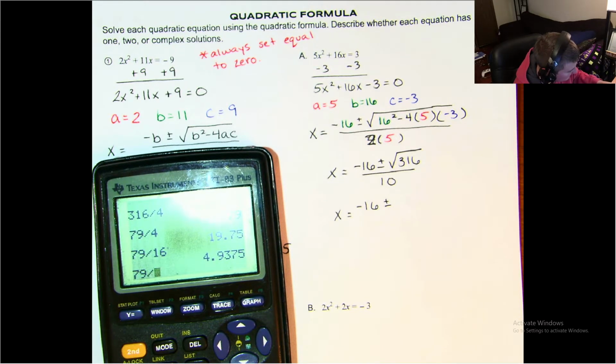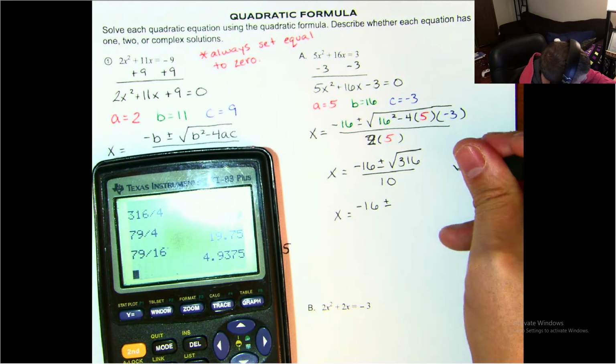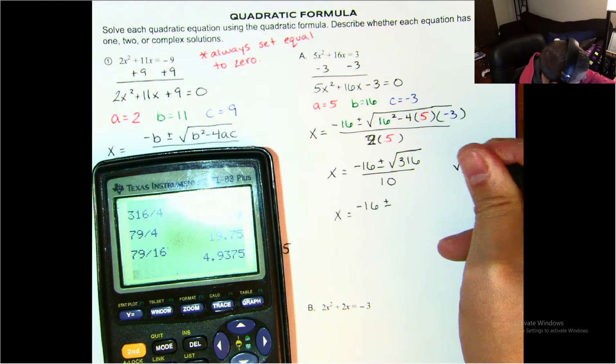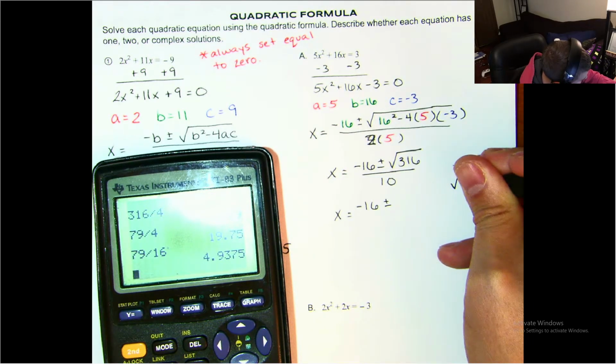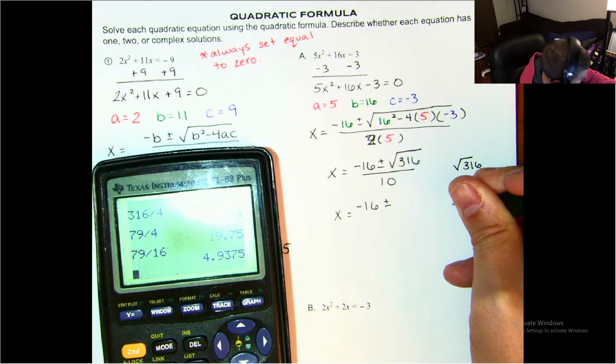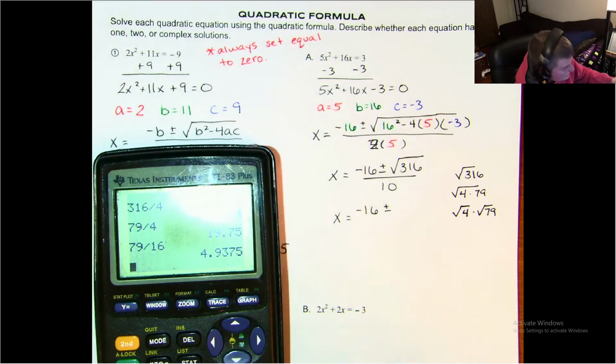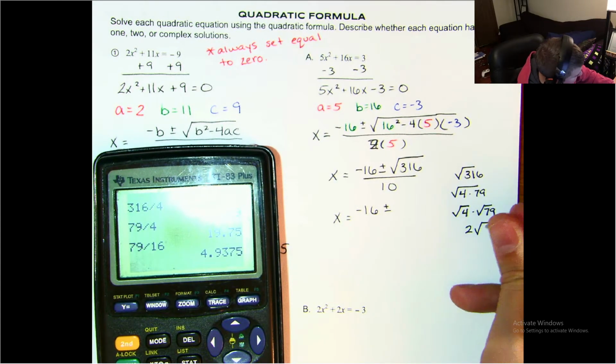Yeah, that's it. So we can split this up: the square root of 316 is the same as the square root of 4 times 79, which is the same as the square root of 4 times the square root of 79, which is the same as 2 square roots of 79.